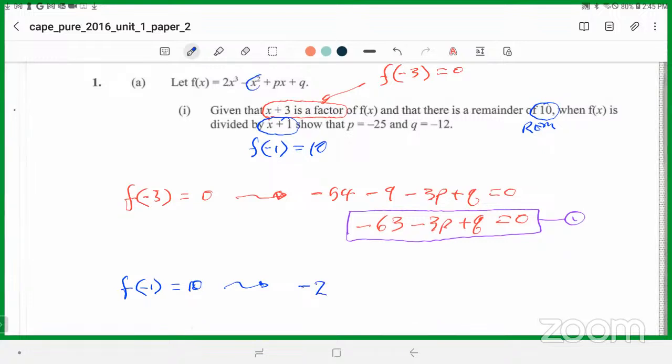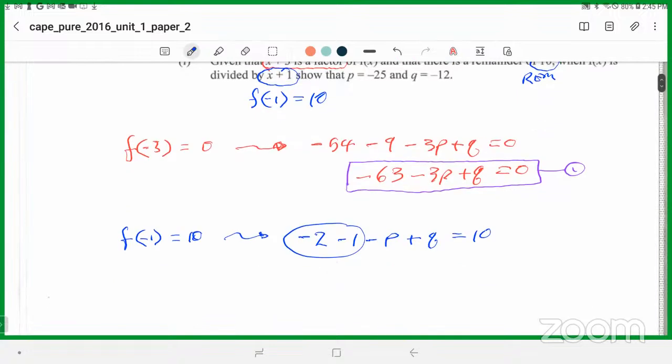Plug -1 here becomes 1, so we're getting -1. Plug -1 there becomes -p plus q, and it is all equal to 10. This is -3; I can bring over the -10 and make it -13. So I get -13 minus p plus q equals 0. That's my second equation.